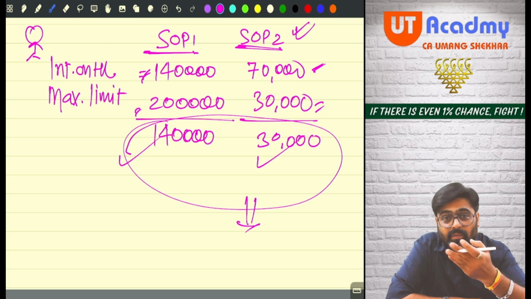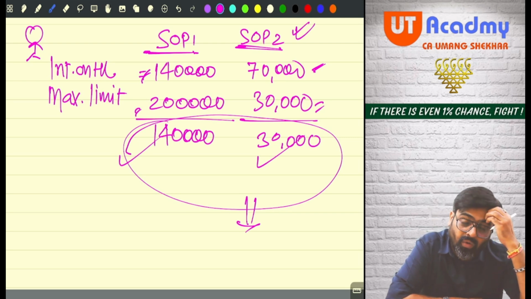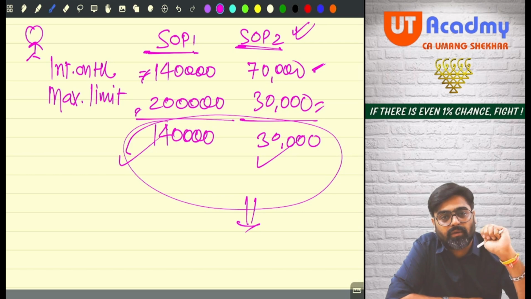This is the difficult part of interest on housing loan. Come on, tell me. Is it difficult or easy? Will you understand? Now, deduction for interest is available. What are they saying? Deduction for interest is available, not the housing loan.